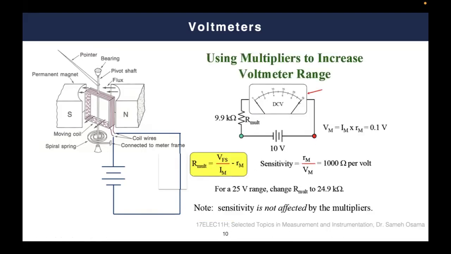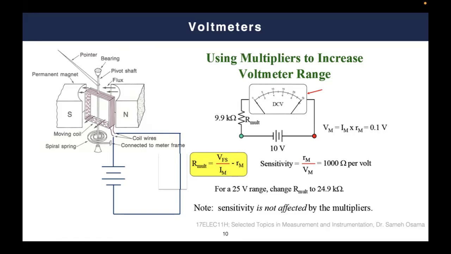But again, facing the same problem we faced with the ammeter, the coil has a limitation in terms of current, which is equivalent to a limitation in terms of voltage. So applying the same concept, if we assume that Im times Rm equals 0.1 volt, for example, the maximum voltage that you can measure is simply 0.1 volt, which is still too small.